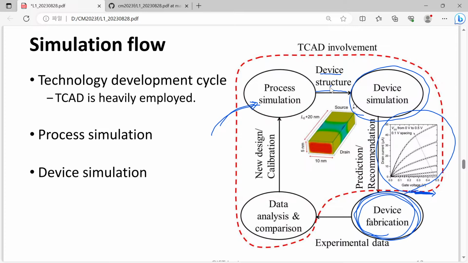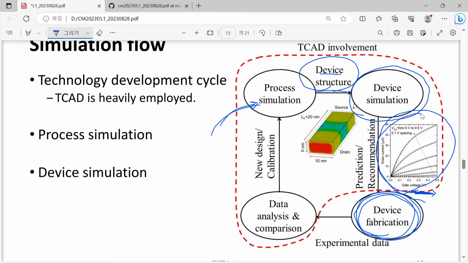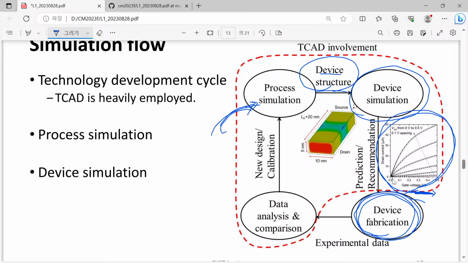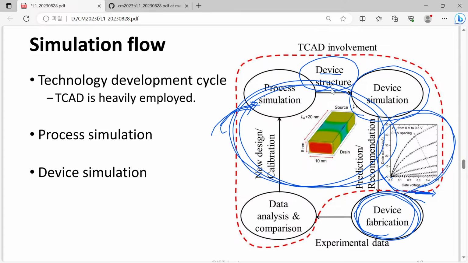Then we will have slightly different structures and slightly different electrical performance. Is it better or worse? Depending on that answer, we can iterate this process simulation, device simulation, and analysis. This kind of thing can be done repeatedly at the initial stage of our technology development when we have no device fabrication.